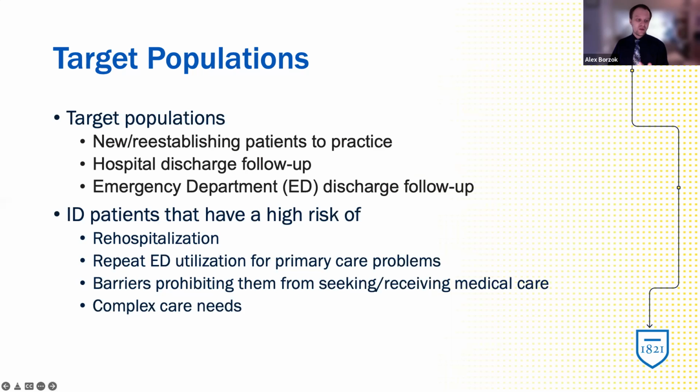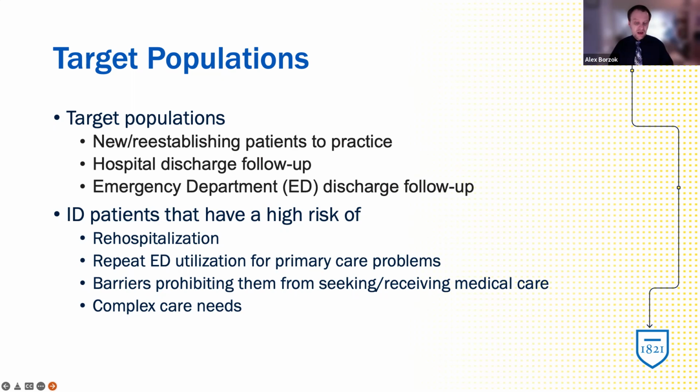Interestingly, it's worthy to note that these patients don't necessarily need to have all four of these different points to be included in a transitions of care program. It could be one, it could be two, it could be all four, but it doesn't necessarily have to be.